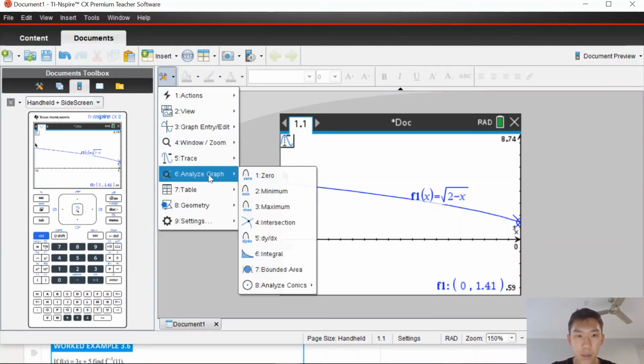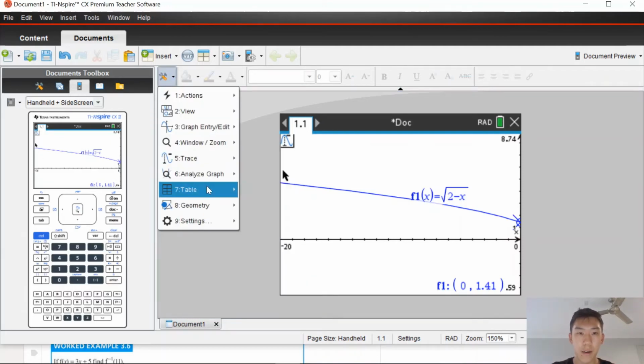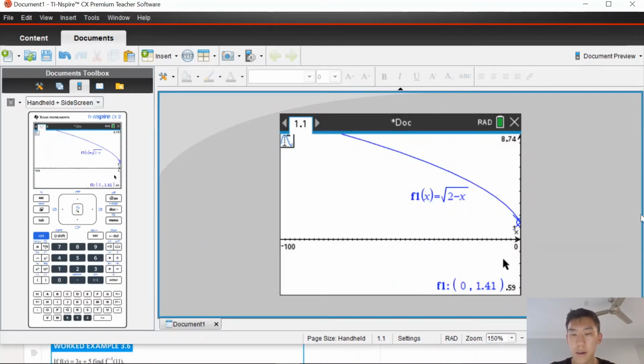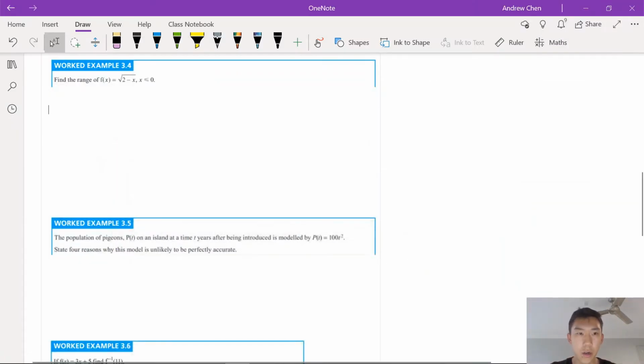Because you'll see that this graph goes up forever and ever to infinity. Say I do negative 100 now, see how it just keeps going up and up and up? So we can do this by either looking at the graph, or let's just show how we got the root 2.